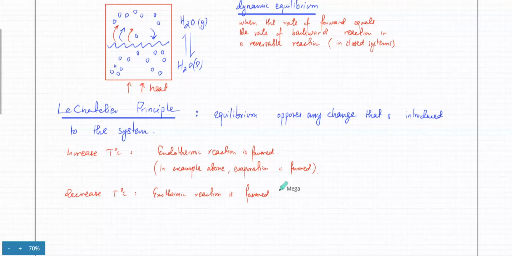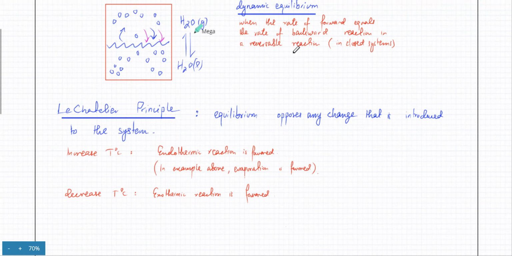Now it's a relative comparison. If I stop providing it energy, then obviously the evaporation would slow down. Less and less molecules would evaporate. But at the same time, the relative comparison is that condensation would happen at a much faster rate because I'm removing energy.